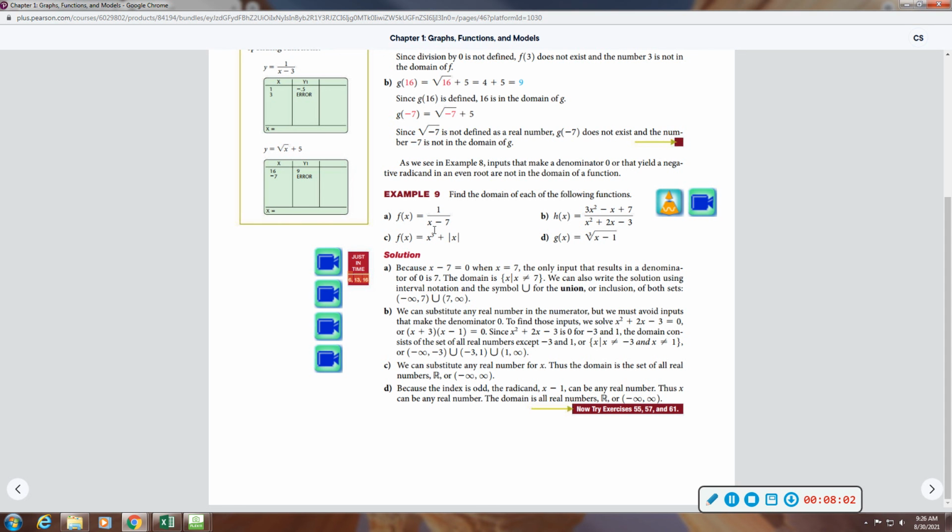The way that we correct that, or show the domain, is to think about a number line from negative infinity going all the way to positive. You would remove one number, the number 7. That's the only number that doesn't work. That would break your number line into 2 halves, which I'll show you again when we do my math lab. We'll have 2 sides, one from negative infinity going as close to 7 as we can, and then jumping on the other side of 7 going to infinity. So that's what this means here.